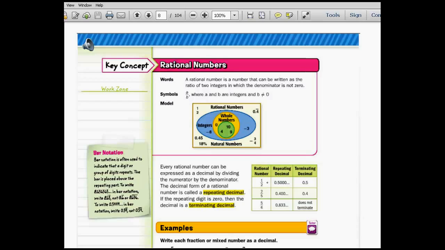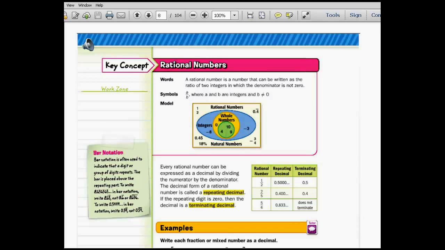Like 1/2 is 0.5, and then the rest are 0, so that's terminating. 2/5 comes out as 0.4, that is terminating. When you do something like 5 divided by 6, you get a big, long, ugly decimal, 0.83333, which never quits. That does not terminate, so that is a repeating decimal.